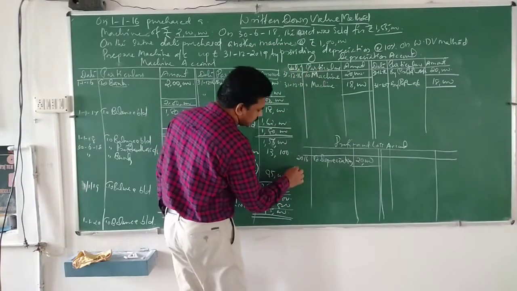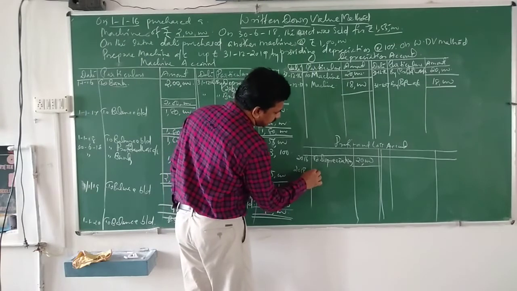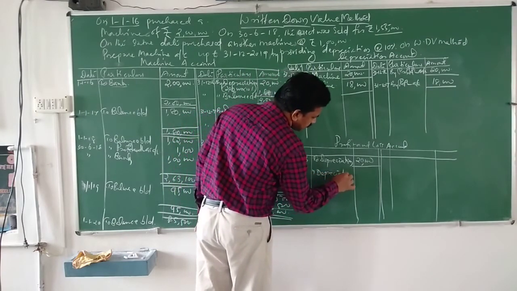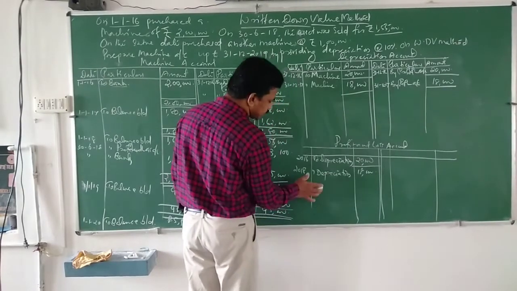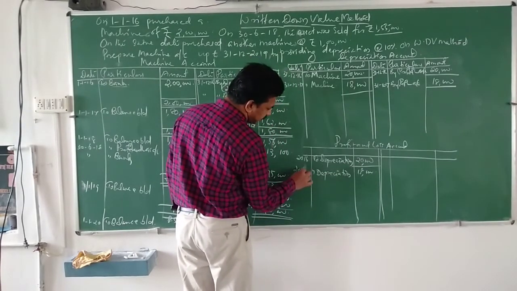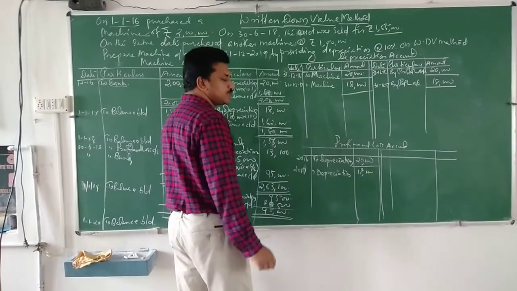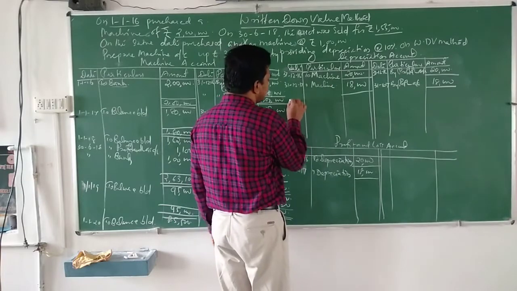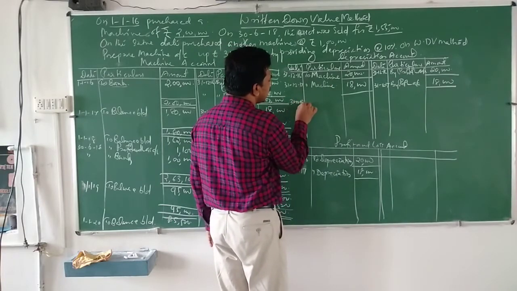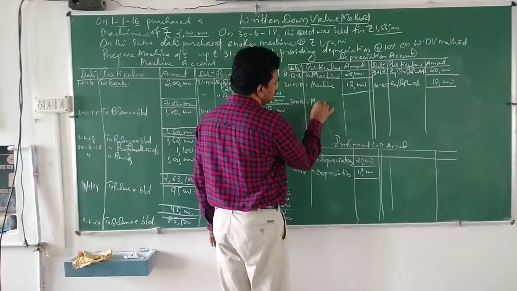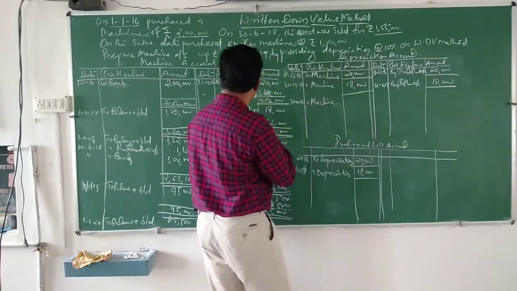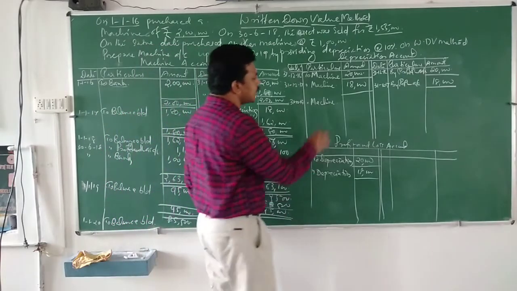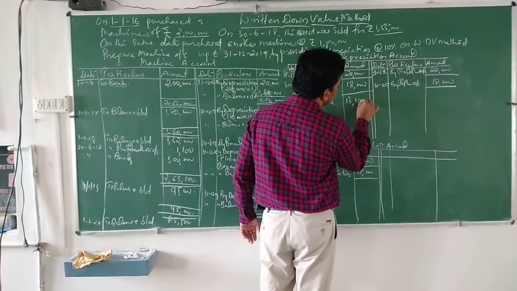Then here, 2018, what will we write? To depreciation. How much? 18,000. This is 2017 depreciation, 18,000. Then that also will be closed. Then again 31 12 2018, to machine. 2018 depreciation became how much? 13,100.